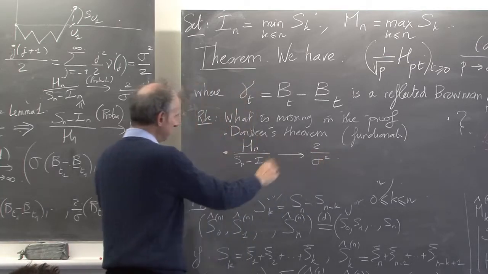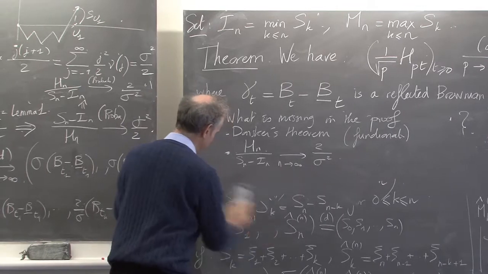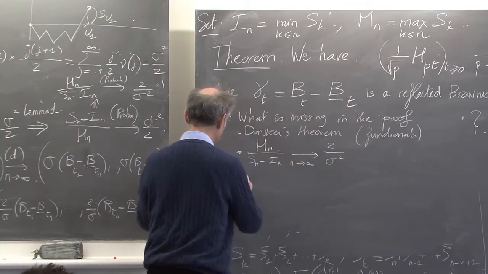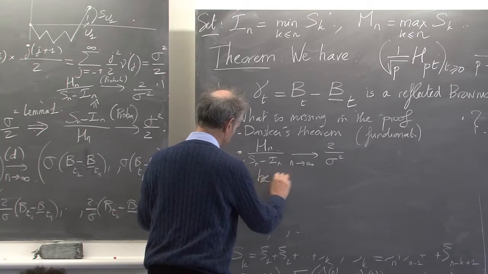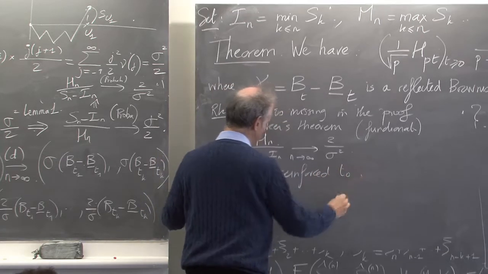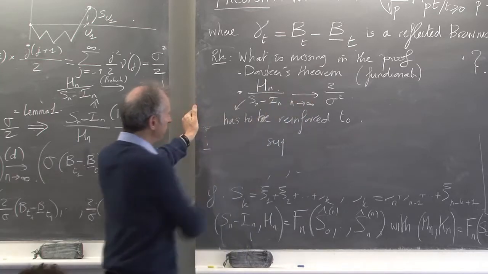And this one, if you want, it's not functional. Okay, so you need to reinforce this. And this has to be reinforced to something like this. While you are going to take the supremum, you want a kind of uniformity in this convergence.